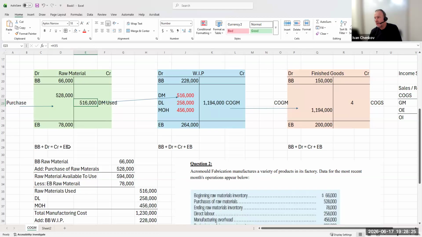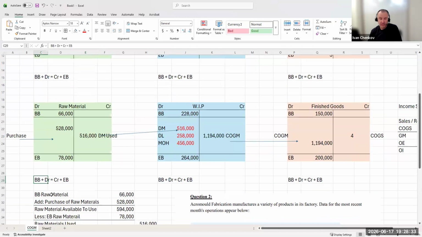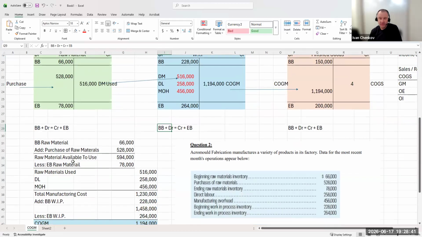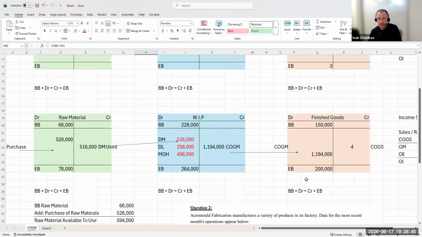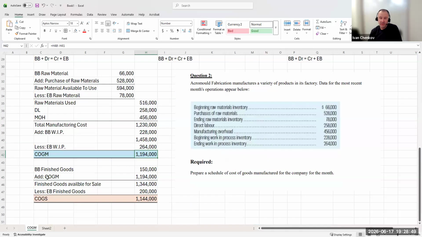So basically, the whole cost schedule for the cost of goods manufactured is a calculation of the formula for a balance sheet account that has a normal debit balance, two times. Once you do this, you get the cost of goods manufactured. If you want the cost of goods sold, you have to do the same calculation a third time.